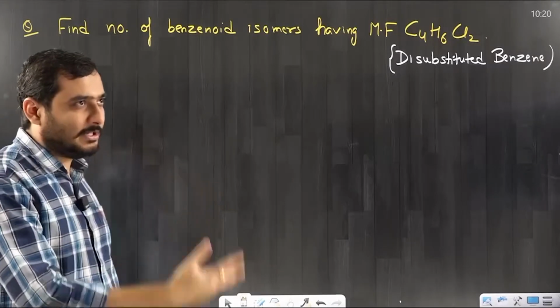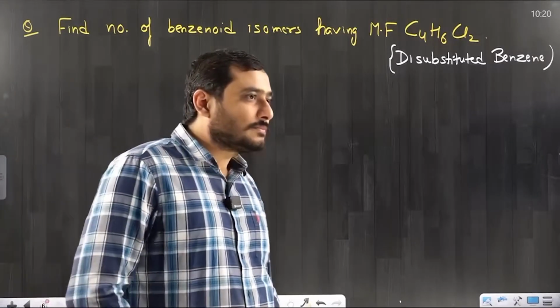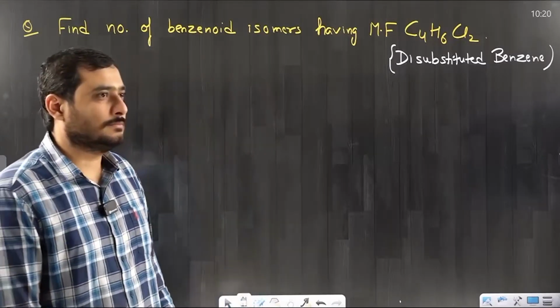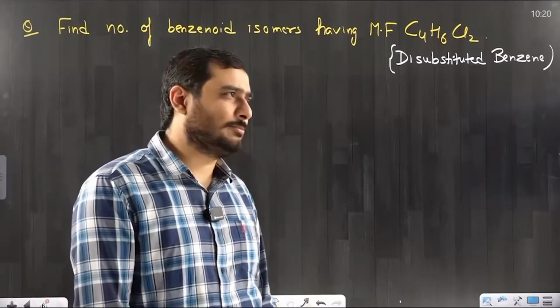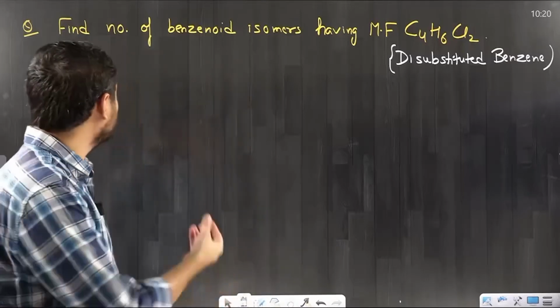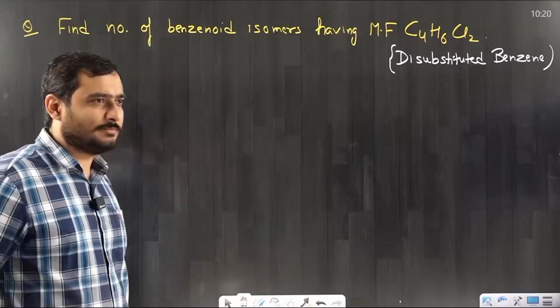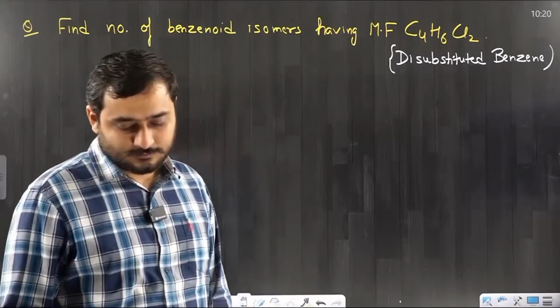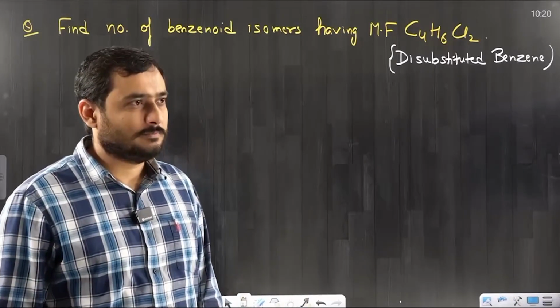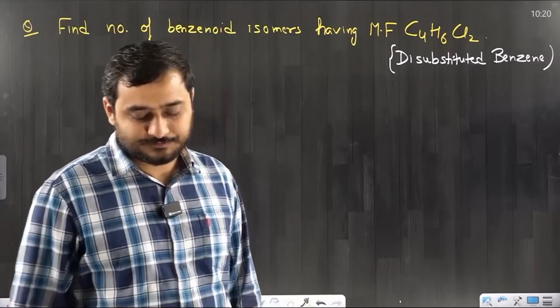Take your time, 1 minute, and tell what the answer is. And it is an easier question. Benzene is fixed because he said the number of benzenoid isomers. Benzene is fixed there.